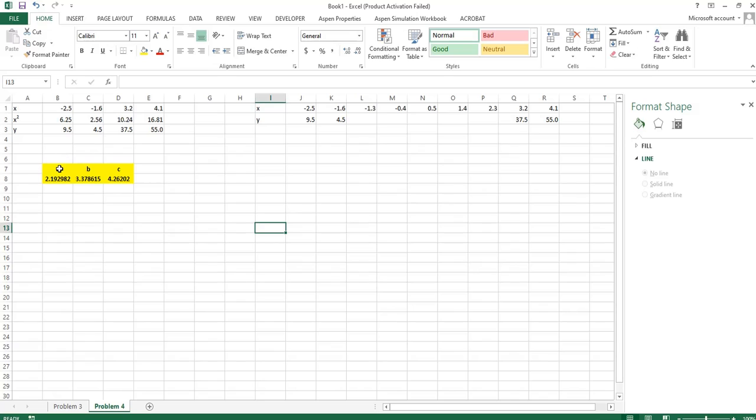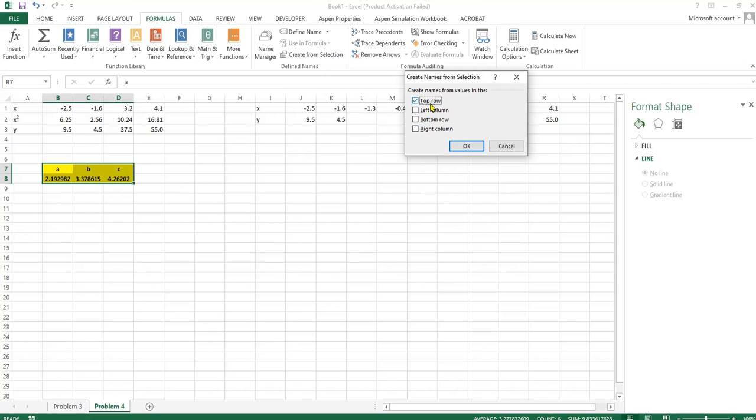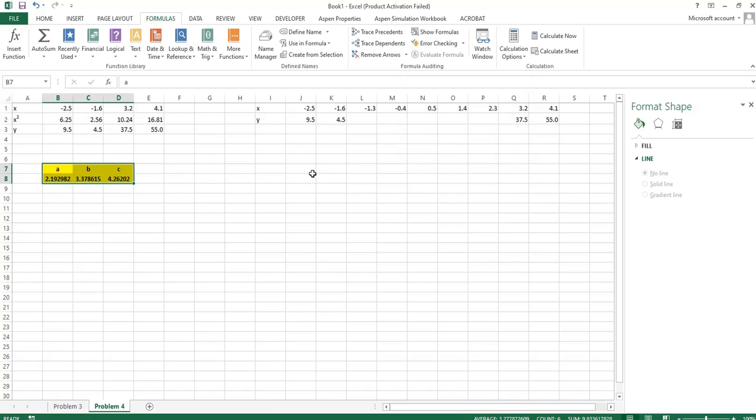Okay, let me use the Define Name tool. Come here, go to the Formulas tab, Create from Selection, just select the top row. The top row is A, B, C, so I just say okay. So that's created.